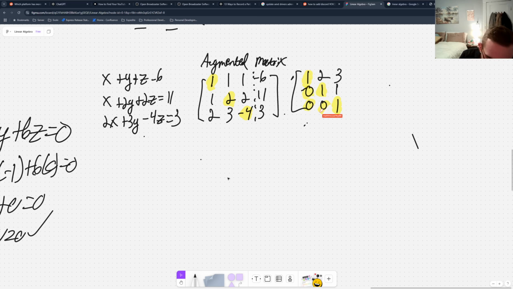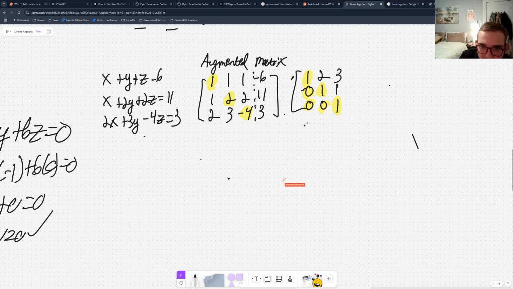Right? So if the goal is to get a 0 in the first position on the second row, and a 0 in the first position of the third row, how would we do that? We'd have to do subtraction, but for the second row, you'd be subtracting row 1 from row 2, right?